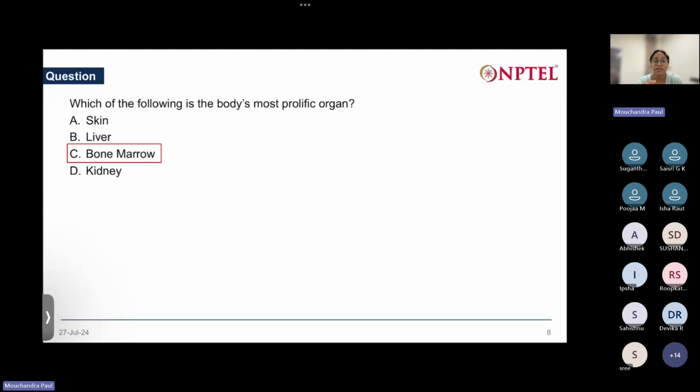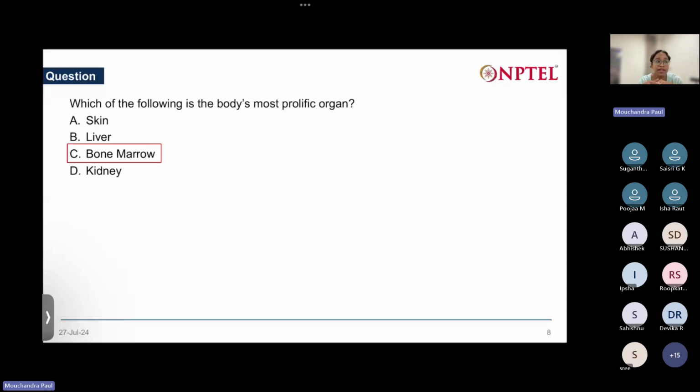But the recovery time is very long. It can take a minimum of 1 year for the entire liver to grow. Also, if you take healthy adult liver cells out of the body and try to grow them in the lab, it is not possible. They will not grow well in vitro. So it's very difficult to work with liver cells.